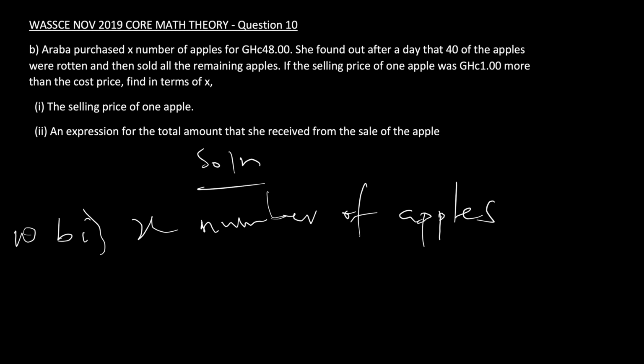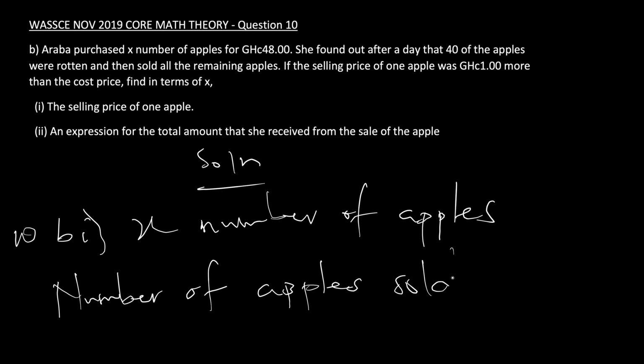So the number of apples she sold will be x, which is the total number of apples she bought, minus the number of apples that were rotten. So the number of apples sold will be equal to x minus 40.